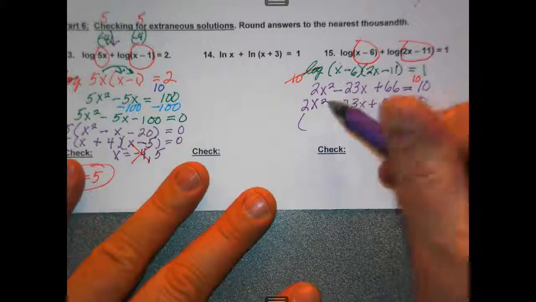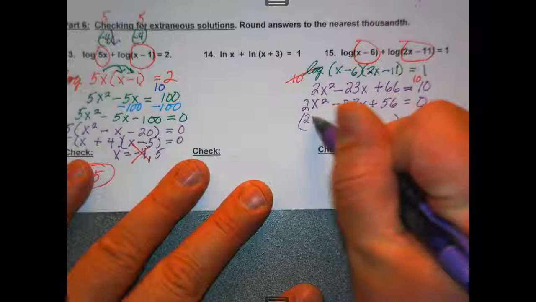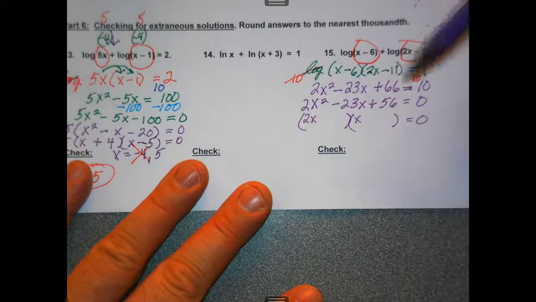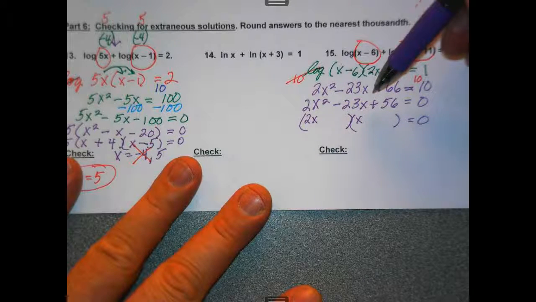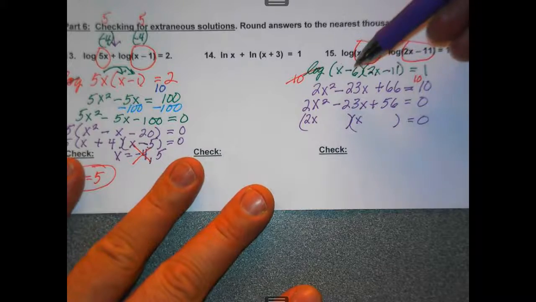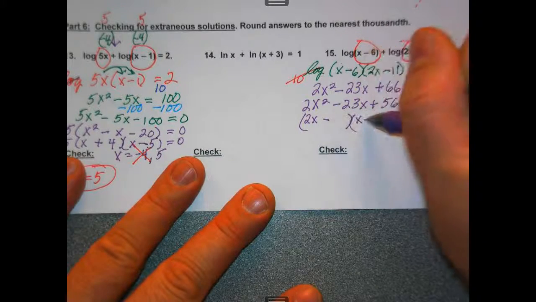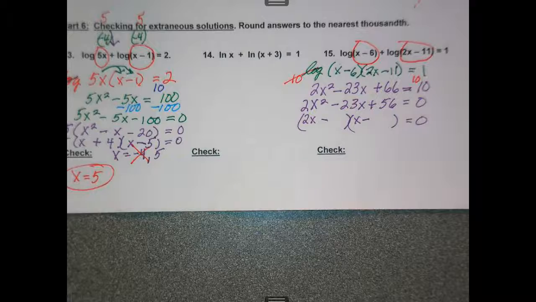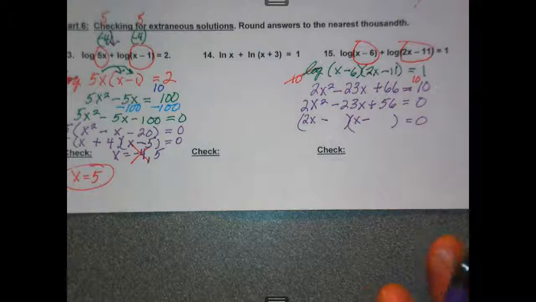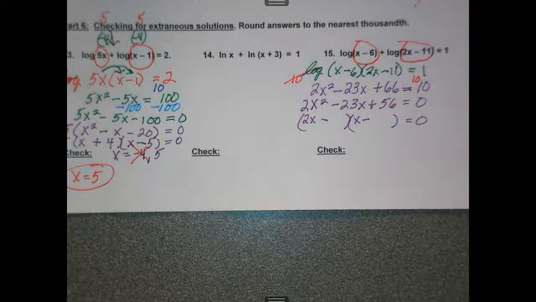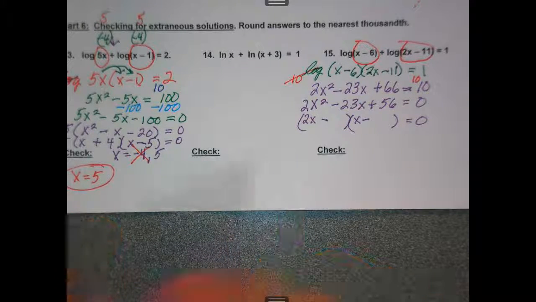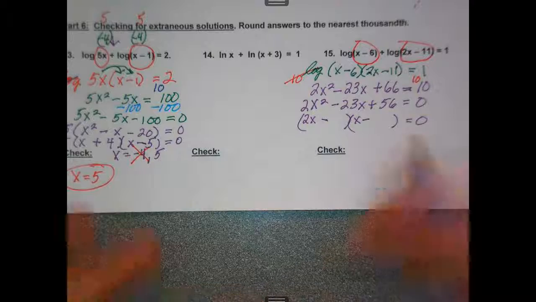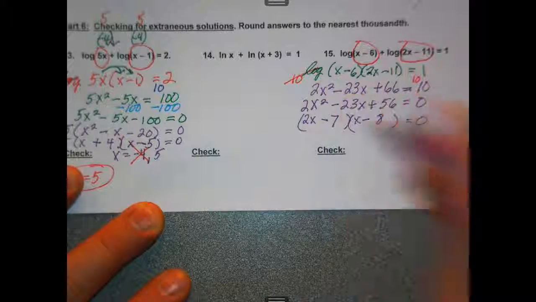Okay, what's the only way to get 2x? 2x times x. I have a positive, so they have to be the same sign, and they have to add up to a negative. So I'm going to use two negatives. It's kind of like my students, all negatives. All right, two numbers that multiply to 56 and add up to -23. One of those numbers is going to be multiplied by 2. I'm going to use 8 and 7.